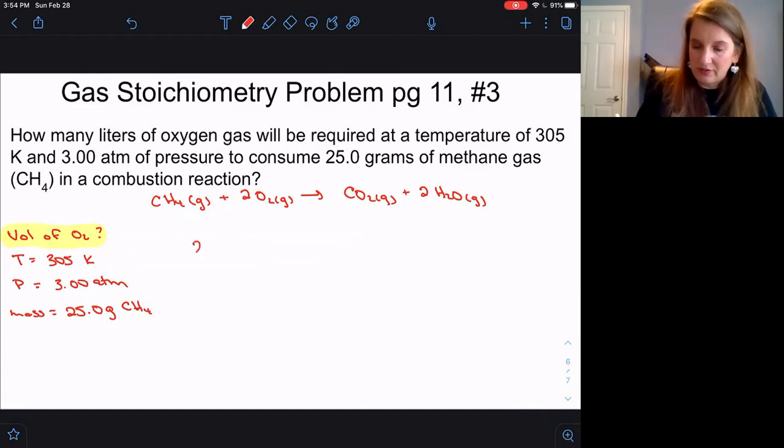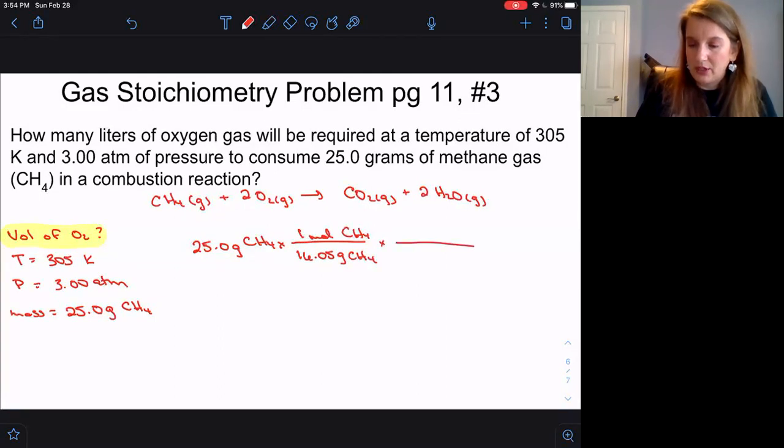So we start with our 25.0 grams of methane. We're going to have the molar mass of methane down here at the bottom, 1 mole of methane up here, because molar mass always equals 1 mole. Then I'm going to use my mole ratio, 1 mole of methane, and then 2 moles of O2 up here on the top.